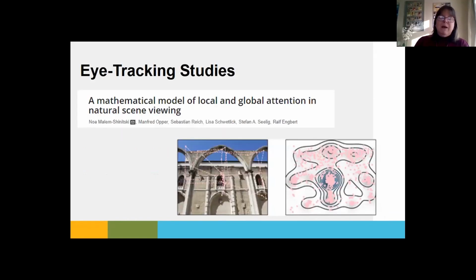Similarly, we have a lot of eye tracking studies. So here's another example of how to gather lots of information about the way people are attending to a scene. Here is an example of a recent study where the participant is in a historic setting.